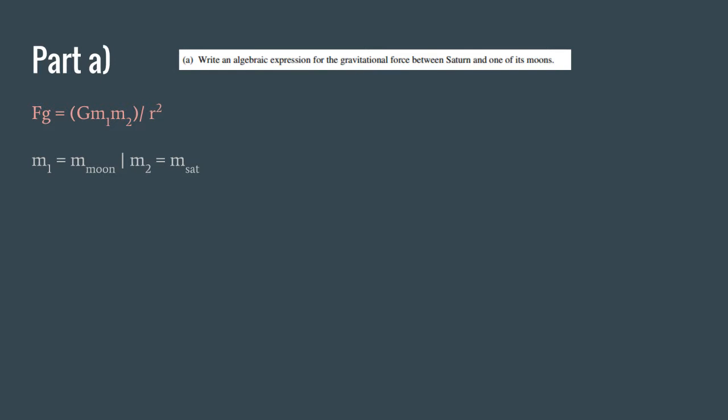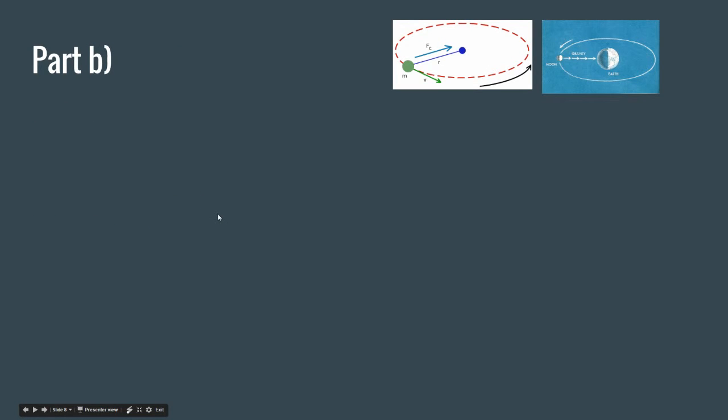It really doesn't matter which one, as long as you have two separate masses being multiplied in this equation. So, once we substitute in our m1 and m2, we get the force of gravity between the two objects is big G, or the gravitational constant, times the mass of the moon times the mass of Saturn, and that quantity over the radius, which is the distance between them, squared. And that's all you have to do for part A, really.